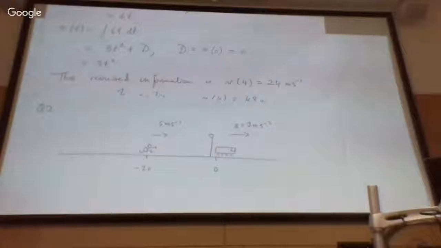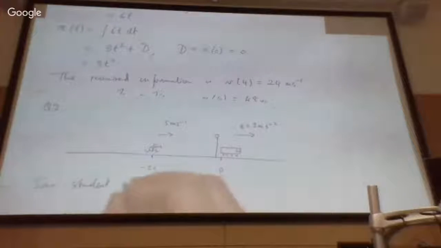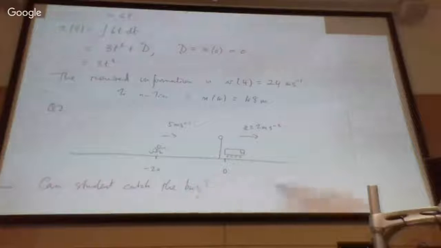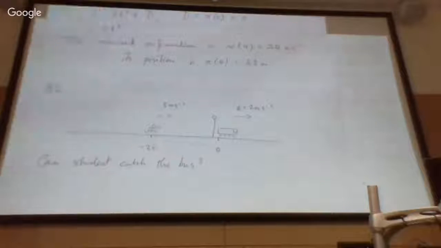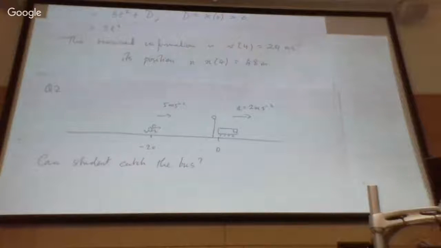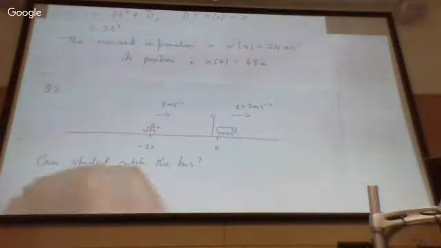So the question is, can the student catch the bus? Maybe he will, maybe he won't. So there's two bodies here, so we're going to need two sets of quantities to represent them.